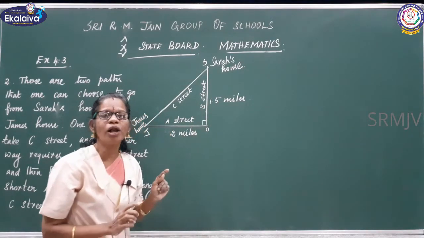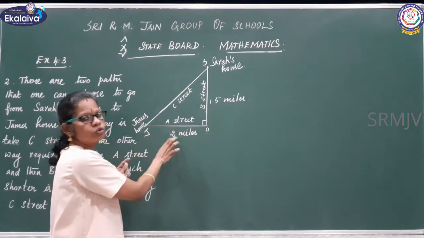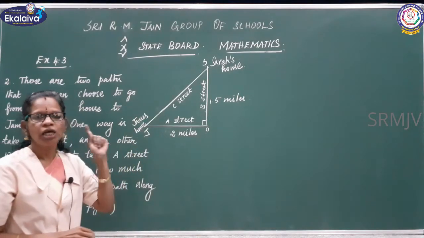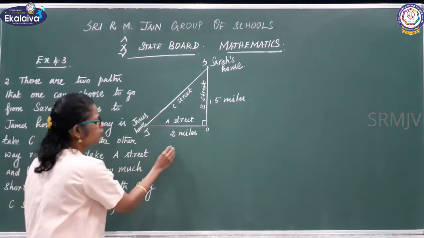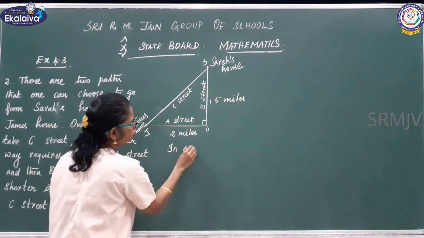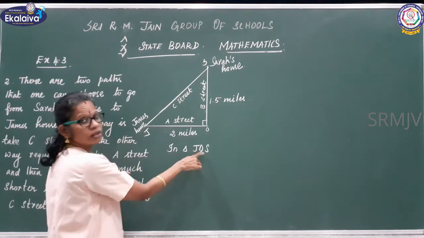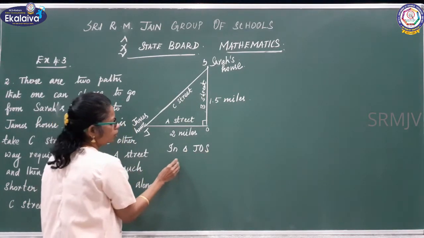The distance is 1.5 miles. From O to James House, 2 miles. Got it, children? Now using Pythagoras, if it is a right triangle, you can use Pythagoras, right? In triangle JOS, J is James House, O is the origin point, S is Shark House, right?